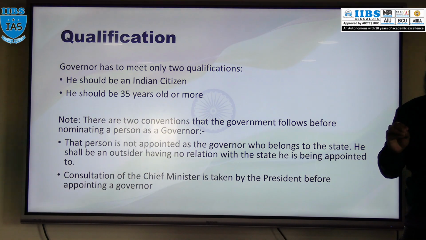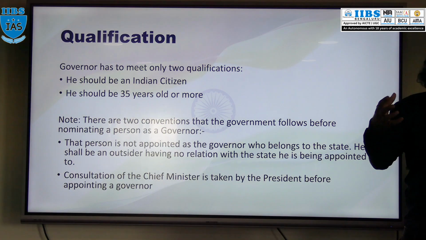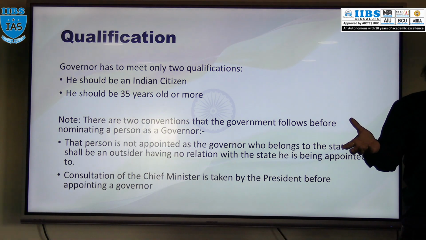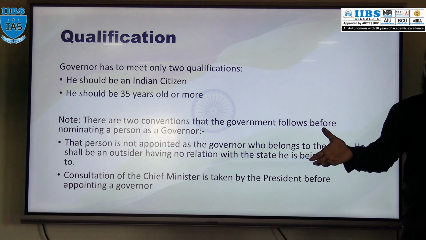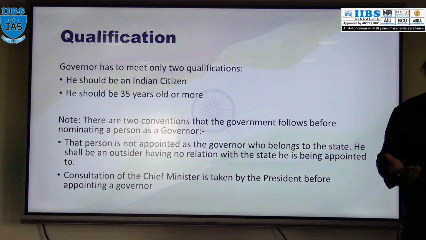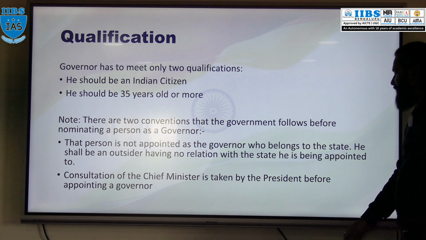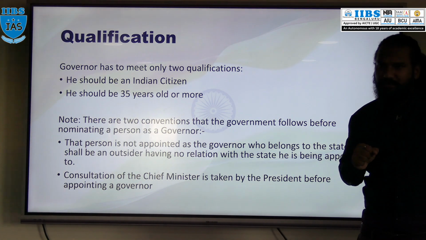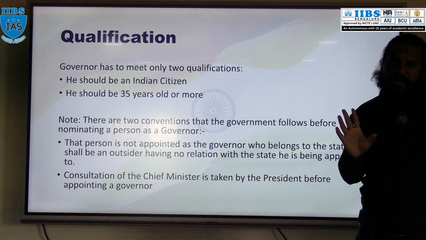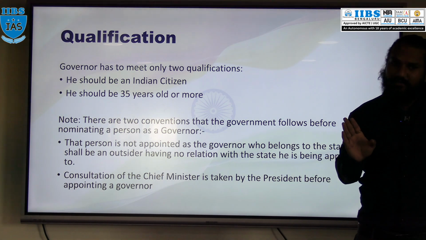For example, if I am appointed as a governor of Tamil Nadu, I should not belong to Tamil Nadu state. Your understanding? So that I don't have any political connection, I can play neutrally. That is the reason why this convention has been developed. A person should not have any relationship with the state where he is going to be appointed as a governor. Remember, this is just a convention, not mandatory.